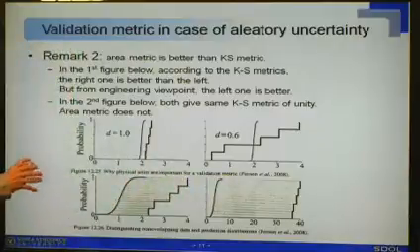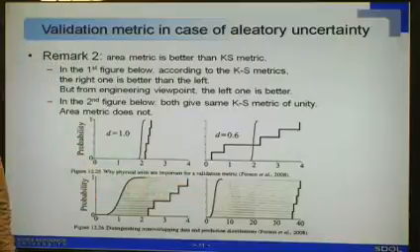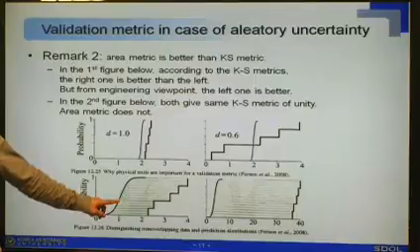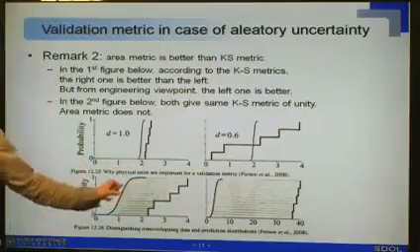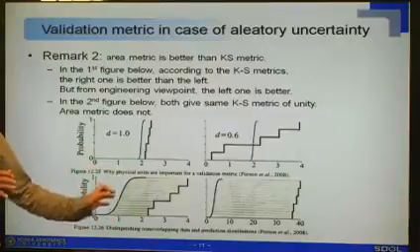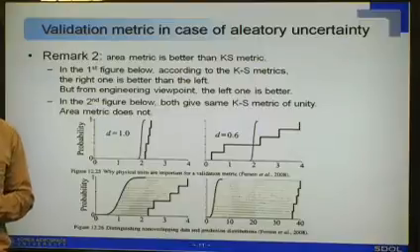But viewing from the engineering side, we have a different judgment. This one is less good than this one. This is better than this one. So we have another way to identify these differences. The area metric is that solution.